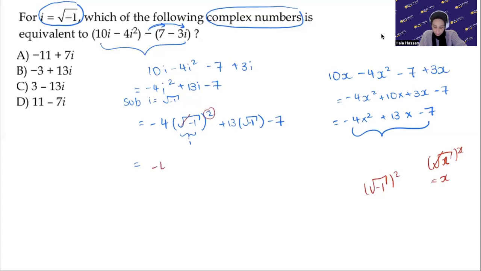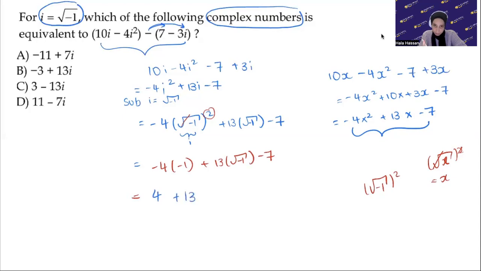So then I'm just going to have -4 multiplied by -1 plus 13 multiplied by, I'll keep it as root -1 for now, -7. This turns into, instead of -4 multiplied by -1, just 4, plus 13.